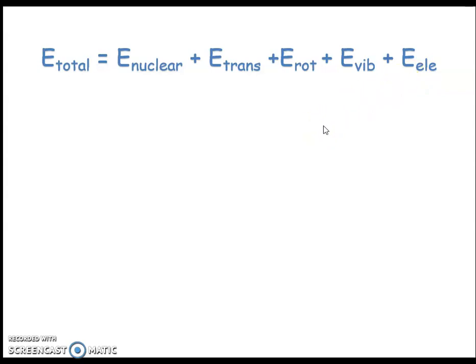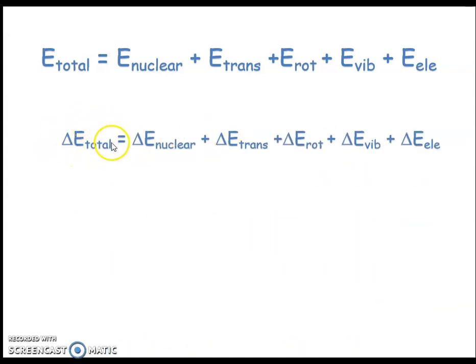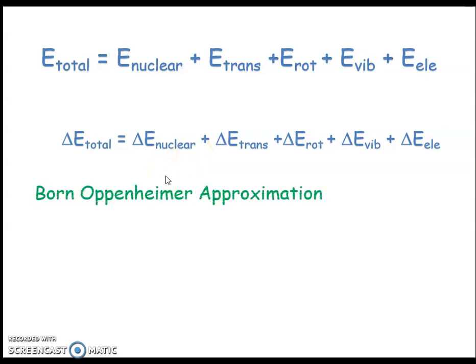As it is more accurate to measure the change in energy rather than the energy at a specific position, we can have the change in the total energy equal to the sum of the changes in these separate energies. According to the Born-Oppenheimer approximation, the nucleus is assumed to be fixed since it has high mass compared to the electron.